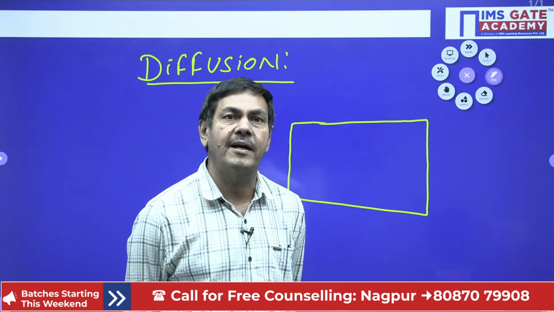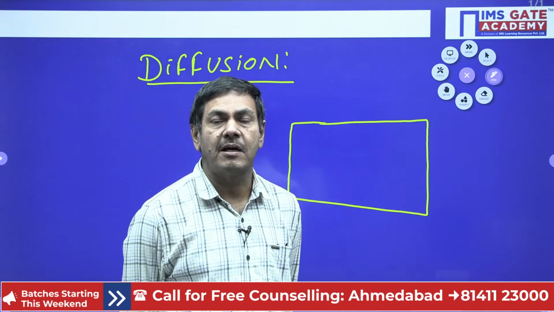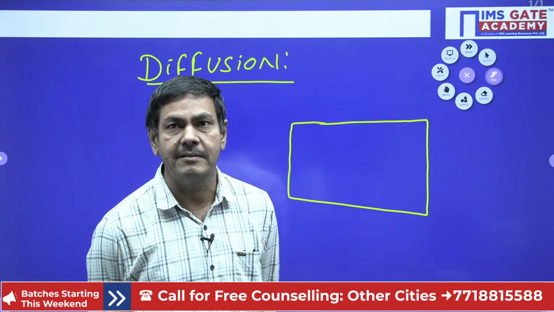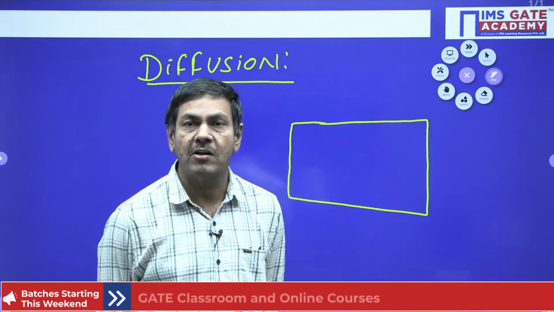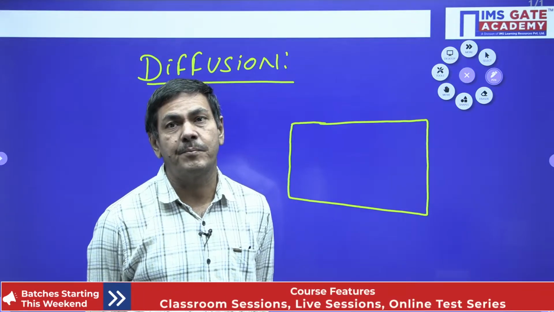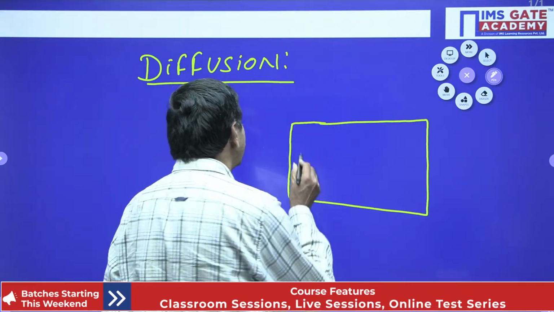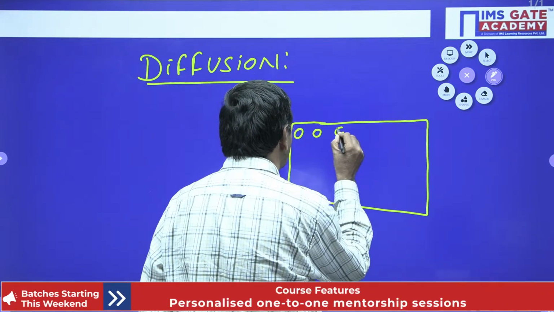How can we define the diffusion? The movement of charge carriers from higher concentration to lower concentration is called diffusion. How is this mechanism done? Because of the temperature only. When there is no temperature, we cannot find the diffusion mechanism in the material. So one side I got the concentration of holes more, holes or electrons, no problem.